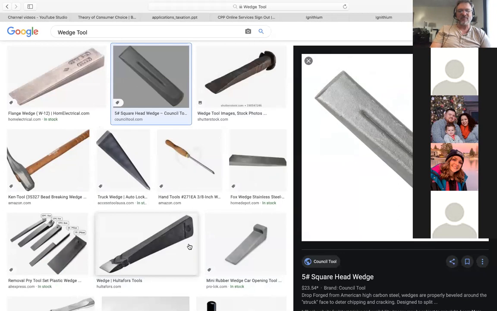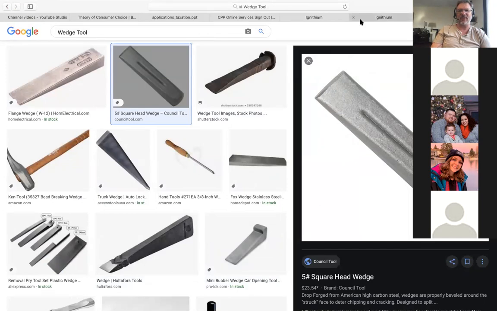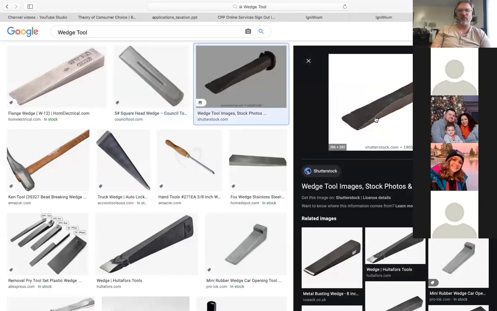And do you know what they use for these wedges for? They use it for splitting things, like splitting big chunks of wood if you can't do it with an axe. So like this one's old school.